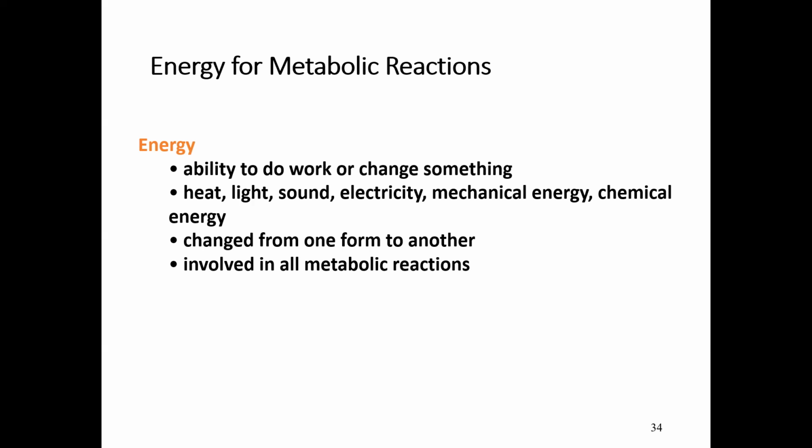And every time we transform energy from one form to another, a little bit of that energy is lost as heat. When we go from chemical to mechanical, we lose a little bit of that energy as heat. We don't destroy it. It just moves into a form that we can't do anything with. When heat radiates out from our bodies, we can't capture that energy and do something with it.